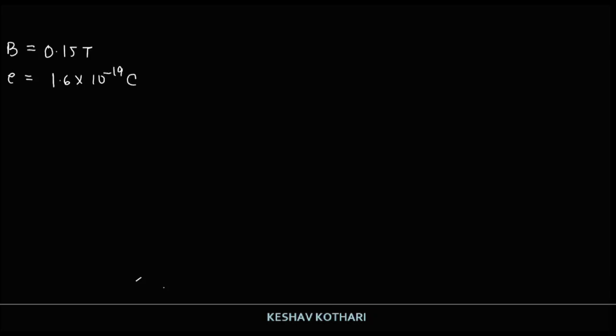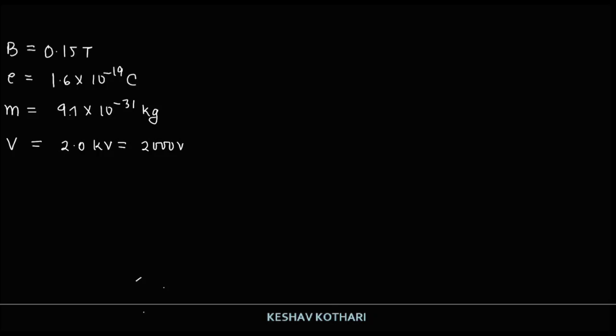The mass of electron is treated equal to 9.1 into 10 to the power minus 31 kg. It is stating that the electron is accelerated through a potential difference of 2 kilovolt. So we say that the value of accelerating potential is equal to 2 kilovolt, that is 2000 volt.